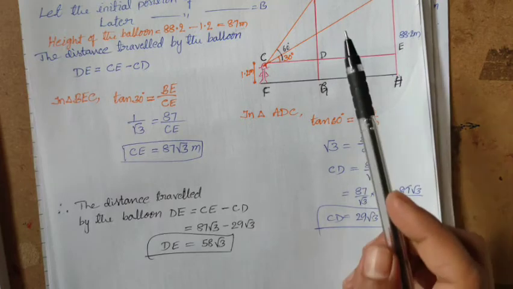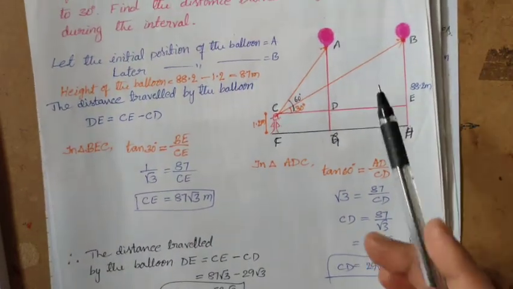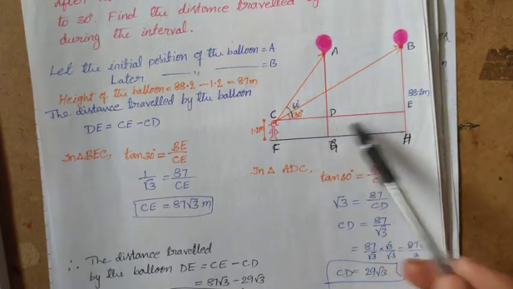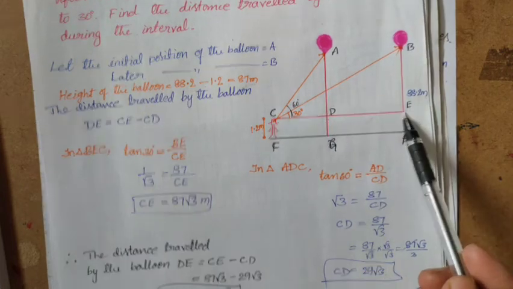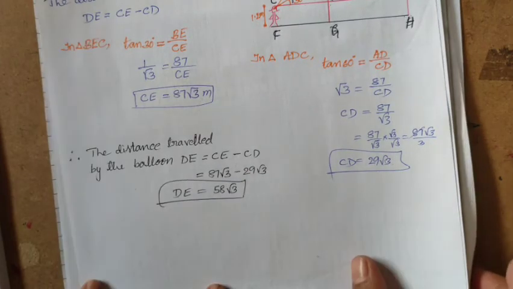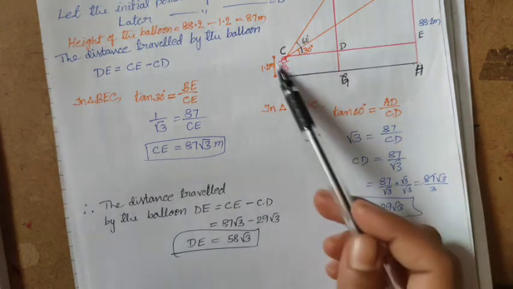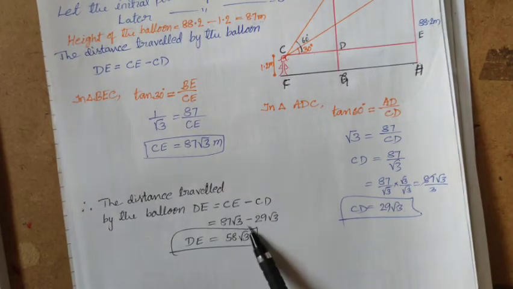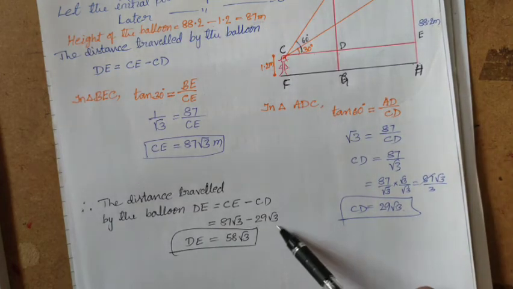Now, I want to find the distance travelled by the balloon during this interval, that is DE. So, the distance travelled by the balloon DE is equal to the total length CE minus CD. You already found CE is 87 root 3. CD is 29 root 3.